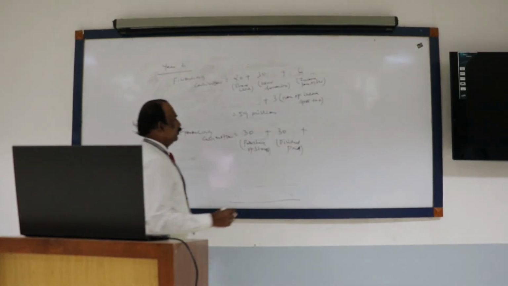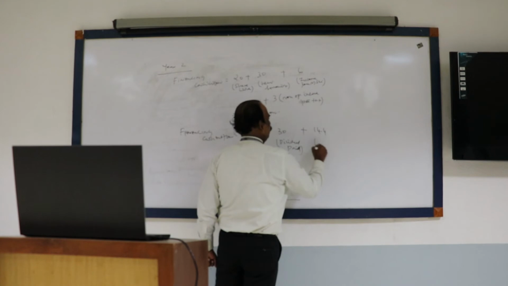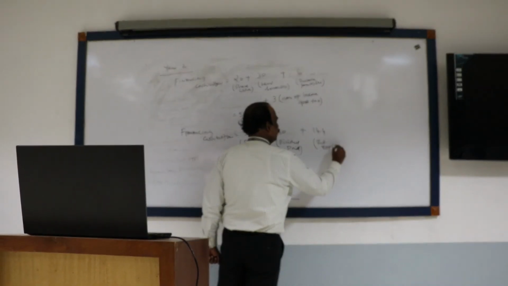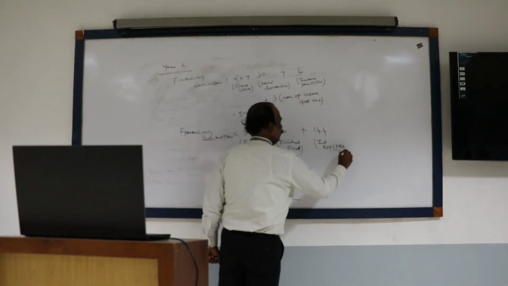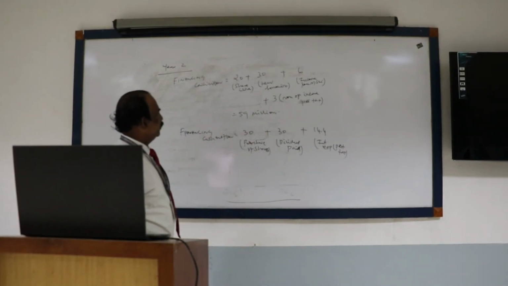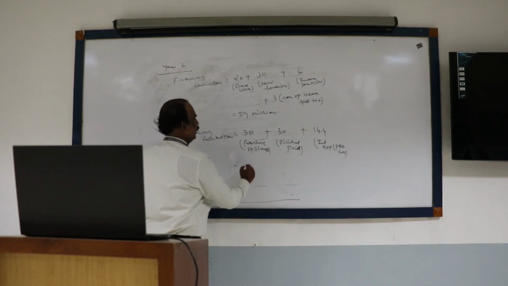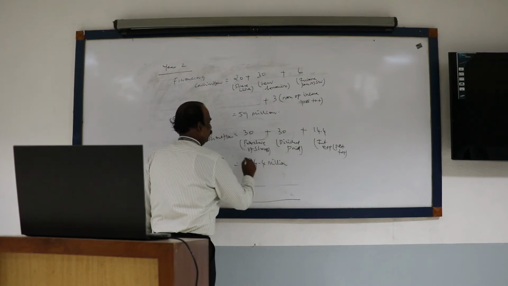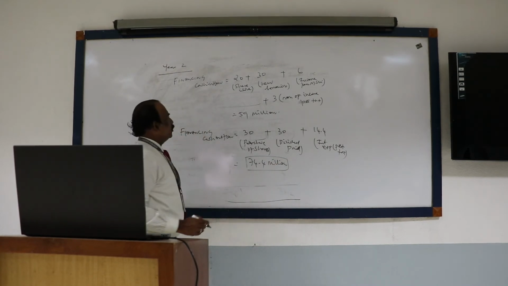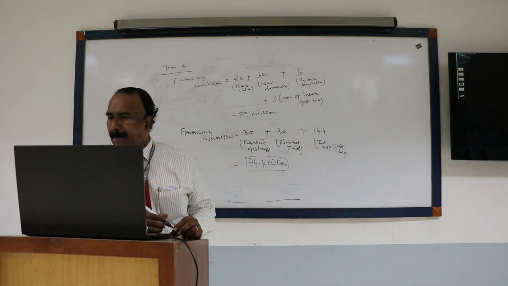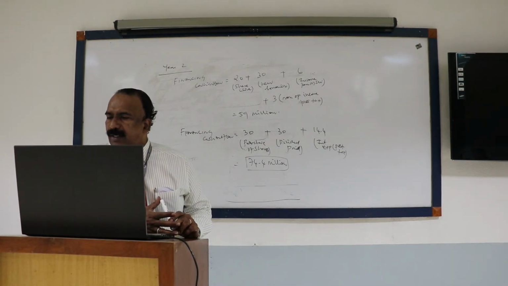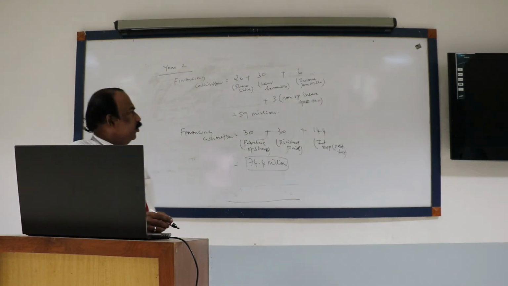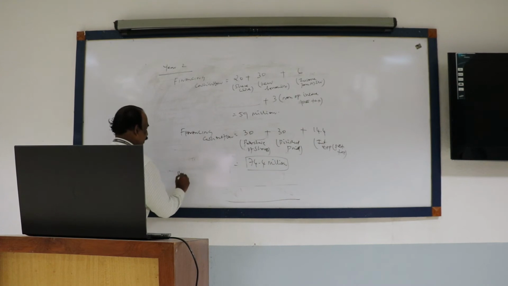That is interest expense post tax. Add this, 74.4 million. So cash outflow is higher. So it's called net financing cash outflow.